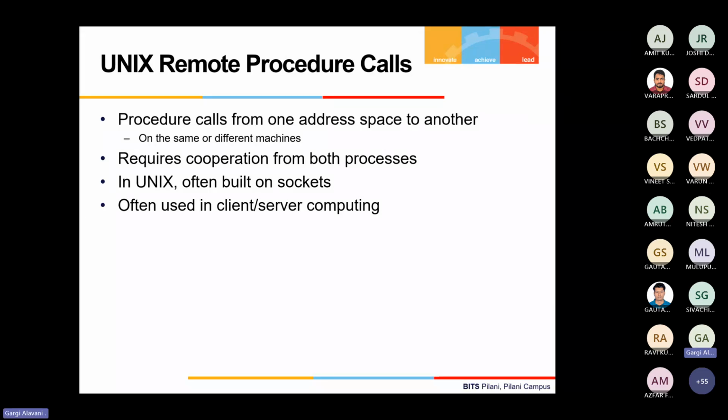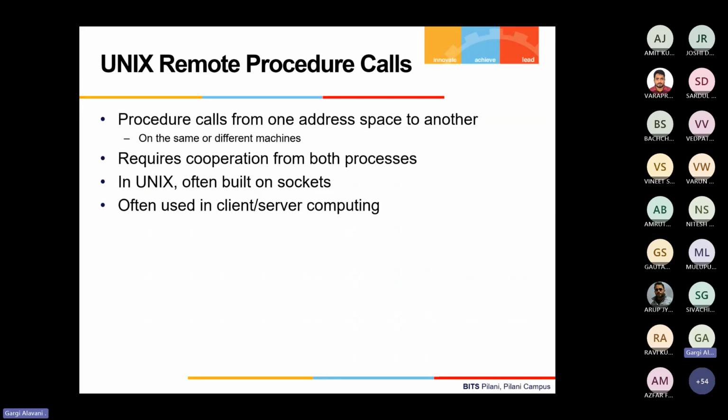Can anyone think of any examples, or has anyone been using them? RPCs are widely used in client-server architectures, where clients make a request through a function, and the server then responds to this request.